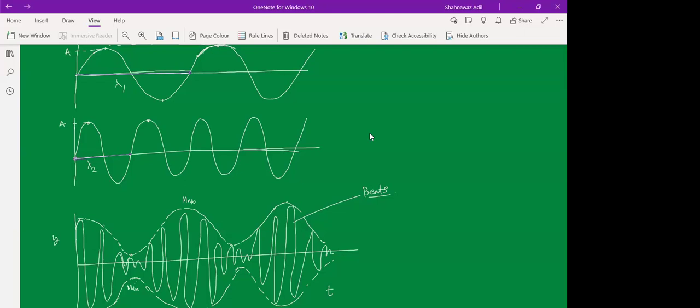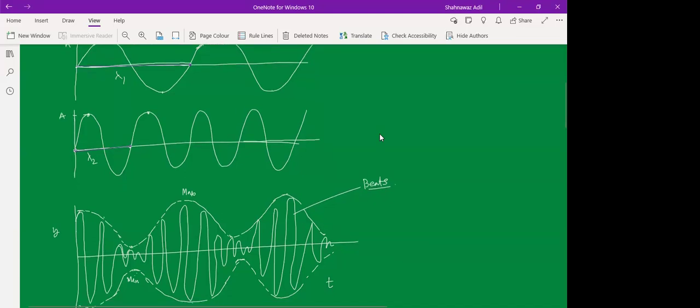Okay, so remember, this amplitude would be A and A, so the whole amplitude would be here.